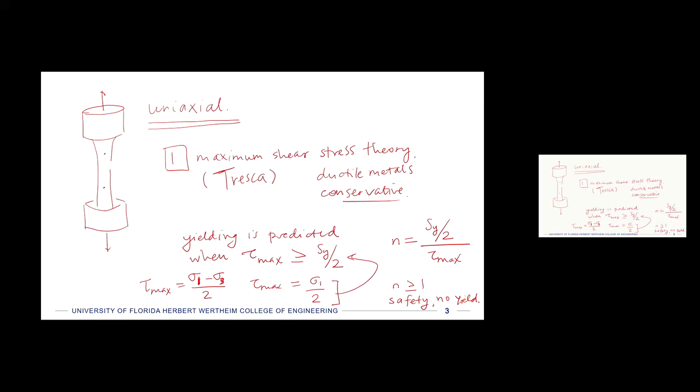So that's if we consider a uniaxial case, and it's very simple to apply this. But what if we have a biaxial stress state where we don't have only sigma 1, but maybe sigma 1 and sigma 2? So I'll go to the next slide. If we have a biaxial stress state, I'm going to draw it as sigma x, sigma y, and then the corresponding ones because this is under static equilibrium.